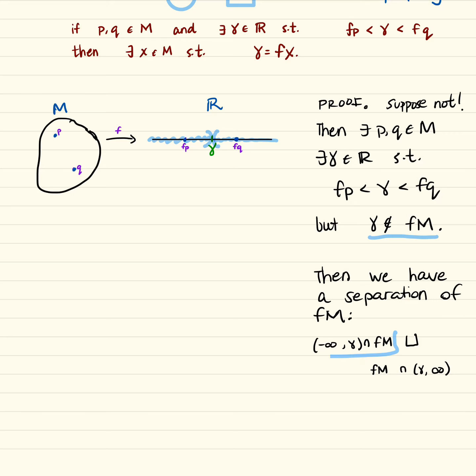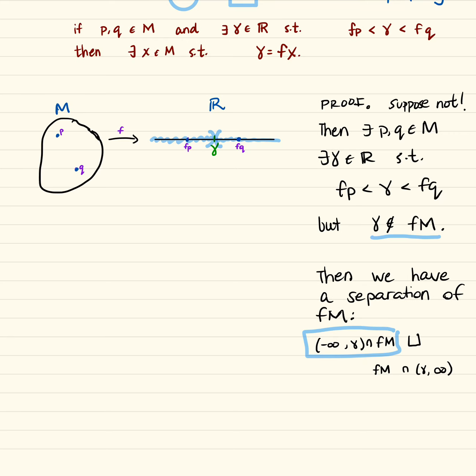So did you get that? Let's just verify here. We've got negative infinity to gamma intersected with F of M, disjoint union F of M intersected with the interval from gamma to infinity, all points bigger than gamma. All right. Why is it disjoint?